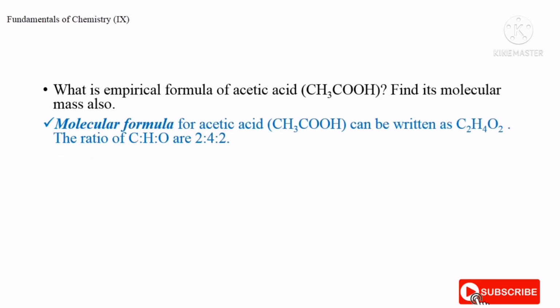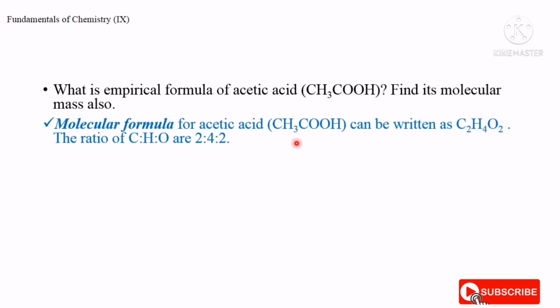The next question we have: what is the empirical formula of acetic acid, that is CH3COOH, and also find out its molecular mass. So the molecular formula of acetic acid CH3COOH can be written as C2H4O2.